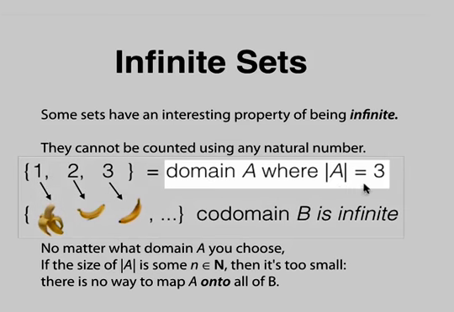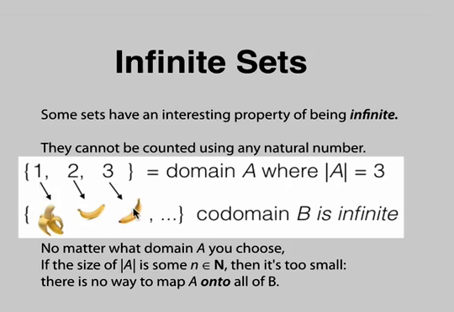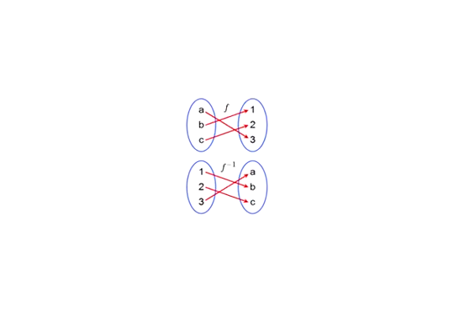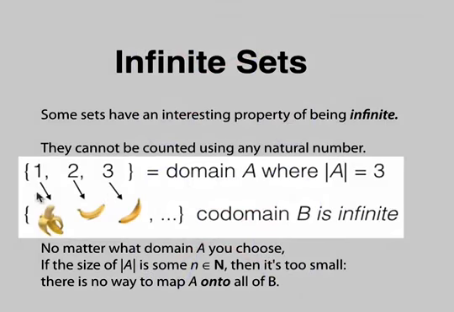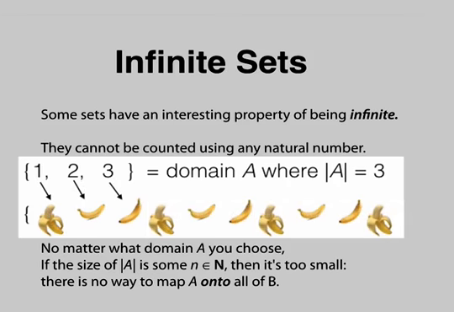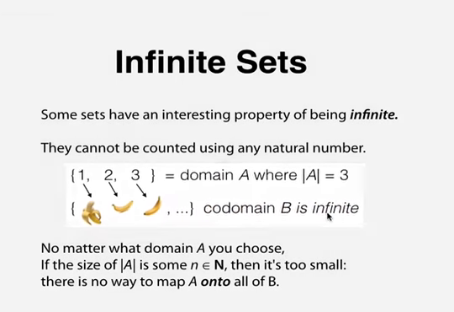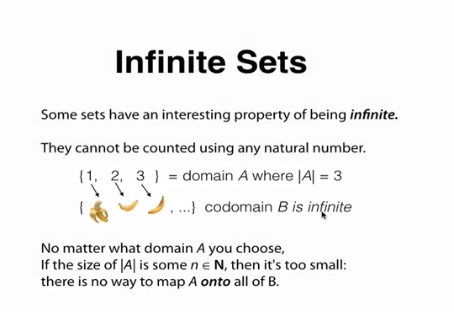If the size of the domain is a natural number like 3, I won't be able to map the domain onto the bananas. Forget invertible, I won't even have a function that's onto. Because, okay, here's the first banana, here's the second, here's the third. Okay, we've run out of numbers, but there are still more bananas left to go. That's what it means to be infinite.